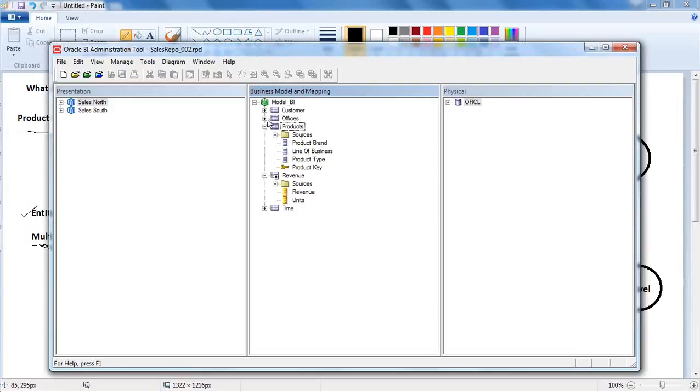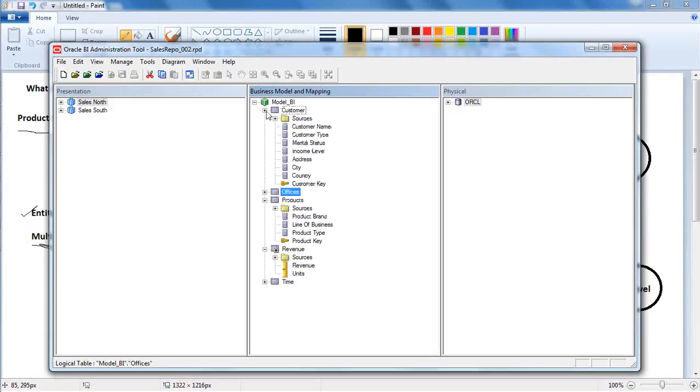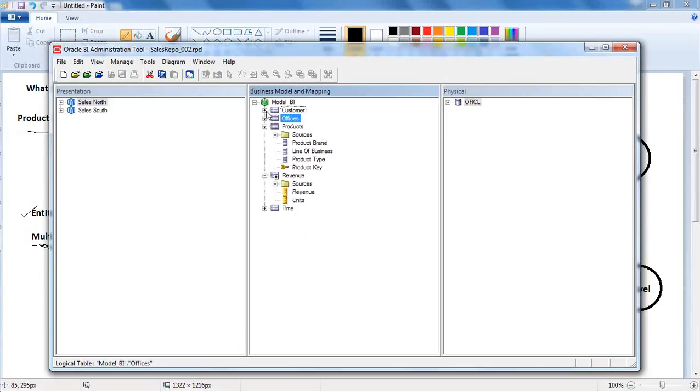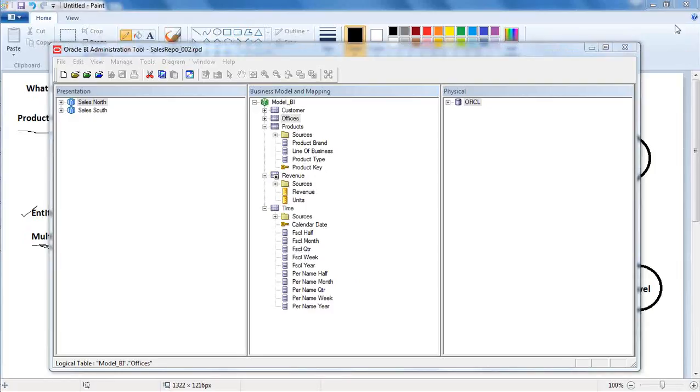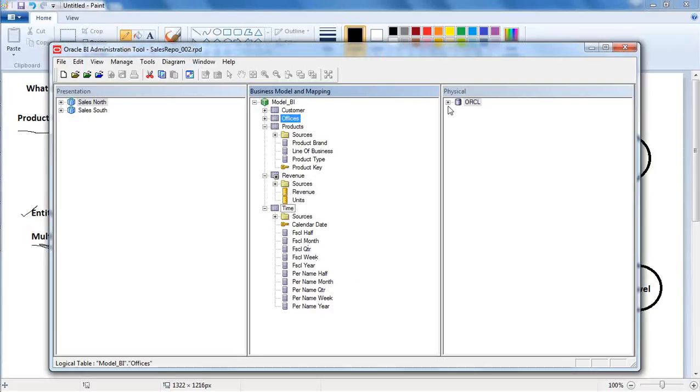Okay, so let me give an example. Suppose this is the table with numbers and this is the table with non-numbers.